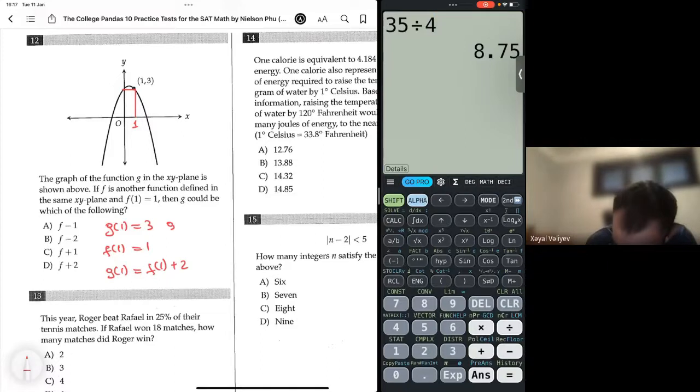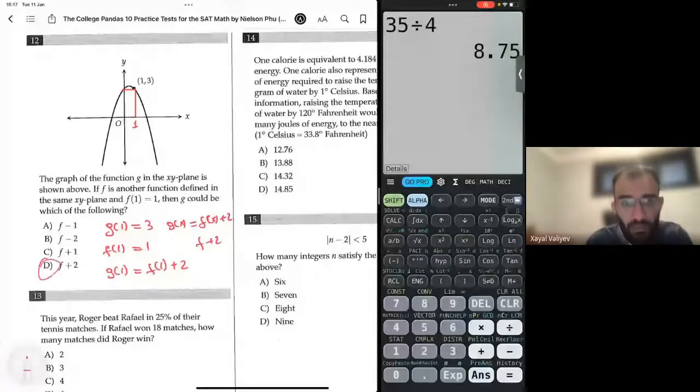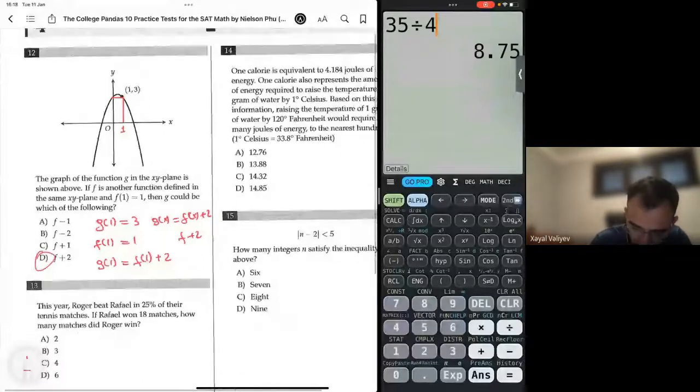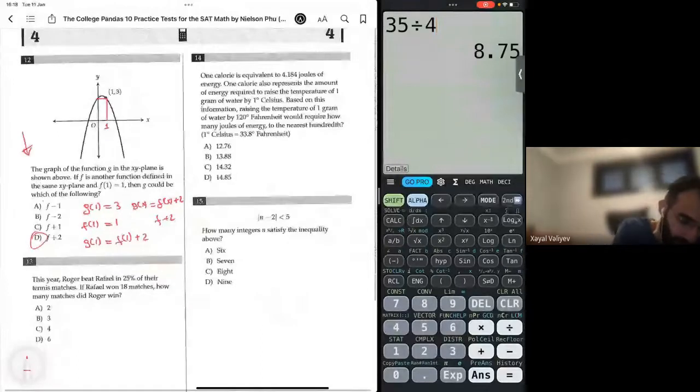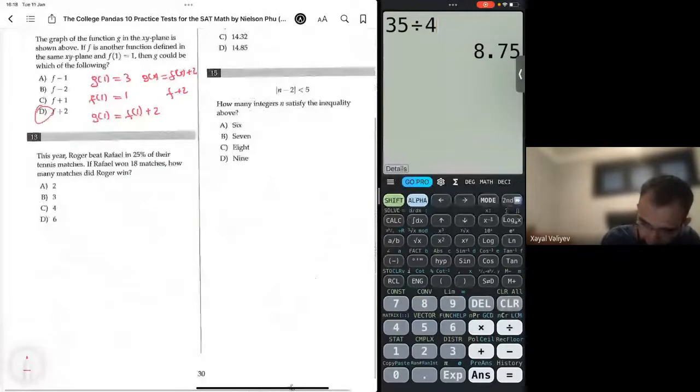That means g itself as a function is f(x) plus 2. Okay, that's the answer D. That's actually a weird question, a bit weird. Next question.